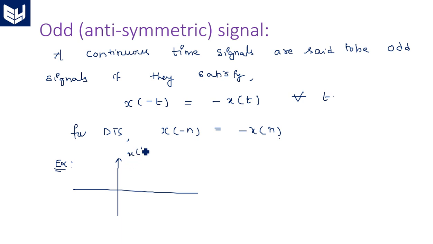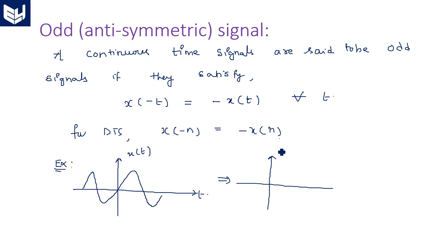An example for such signals: this is x of t. A signal is given like this. First I am just drawing x of minus t for your understanding.